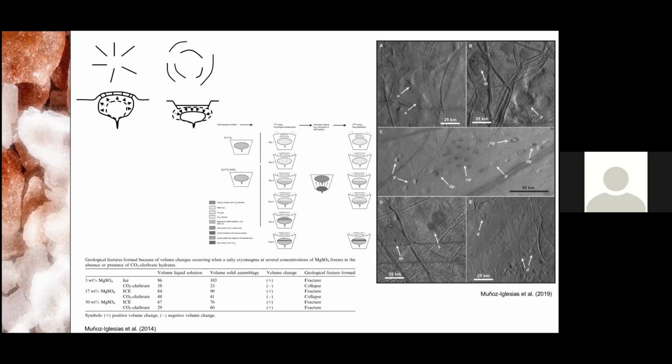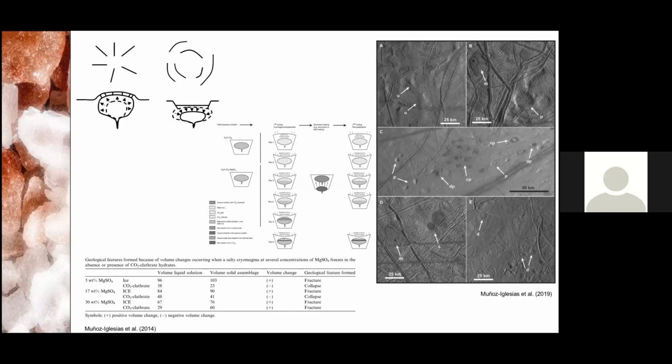What we confirmed from these experiments was that depending on the phases that we formed, the total volume of the system was different. So here you have different compositions and the volume change, positive or negative. So the crystallization of clathrates reduced the total volume of the system, while water ice and hydrates, when crystallized, produce an increase of the total volume.